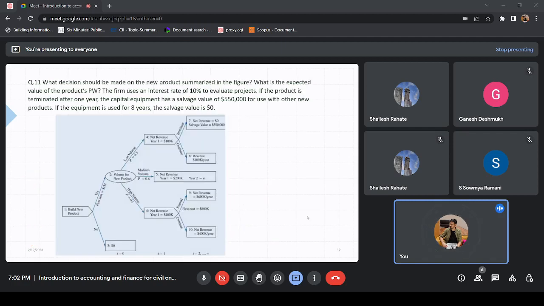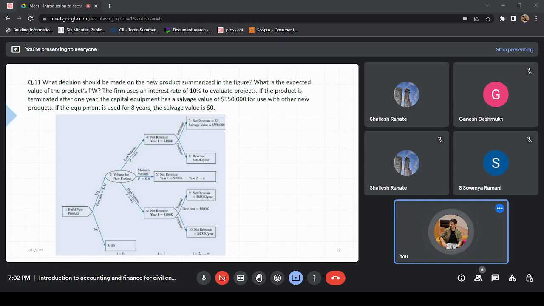Okay, so moving on to another question. You have been given a decision tree here. So, we will try to understand decision tree from this figure. You guys are familiar with decision tree, right?